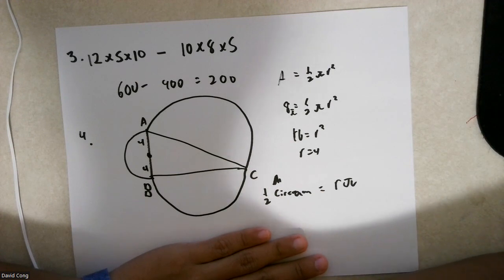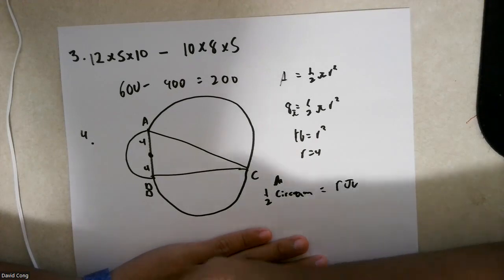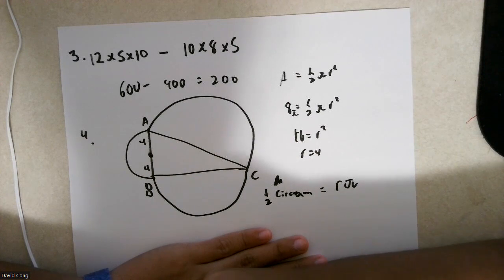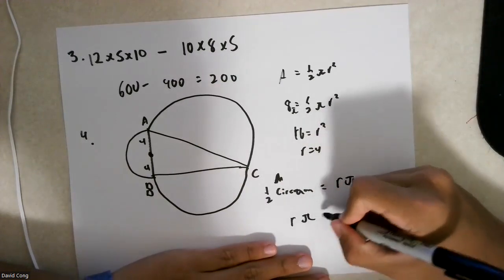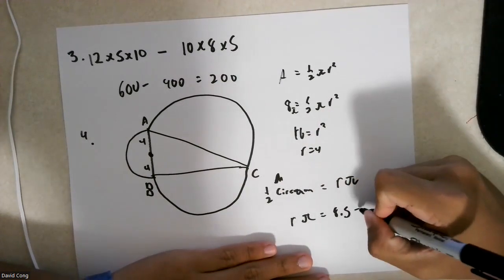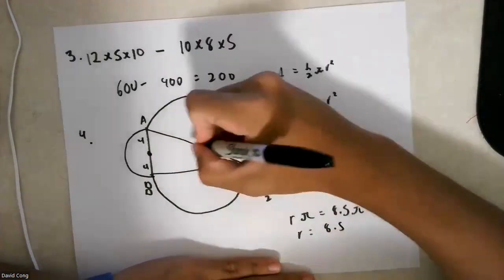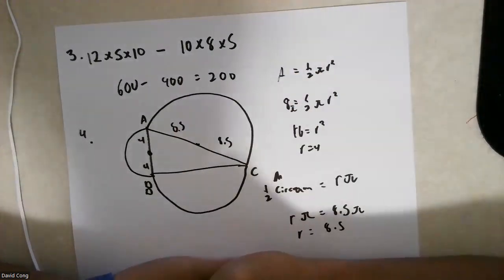So we know the area of AB, and the arc on semicircle AC has length 8.5 pi. We have r pi equals 8.5 pi, so r equals 8.5. So we know 8.5, 8.5.